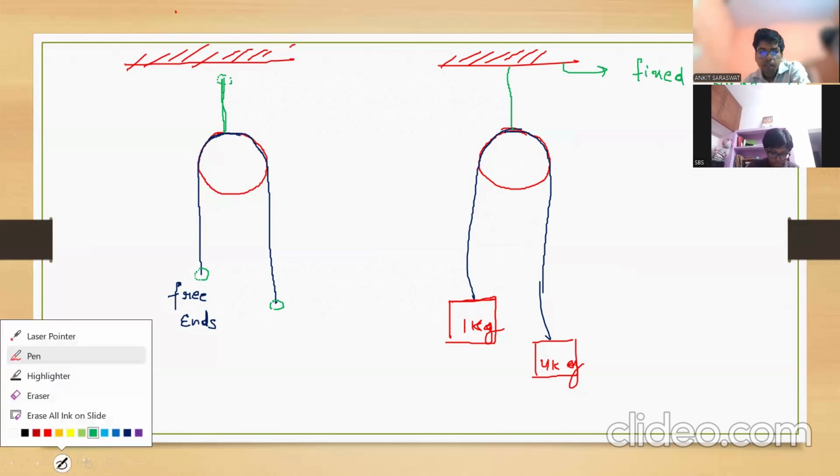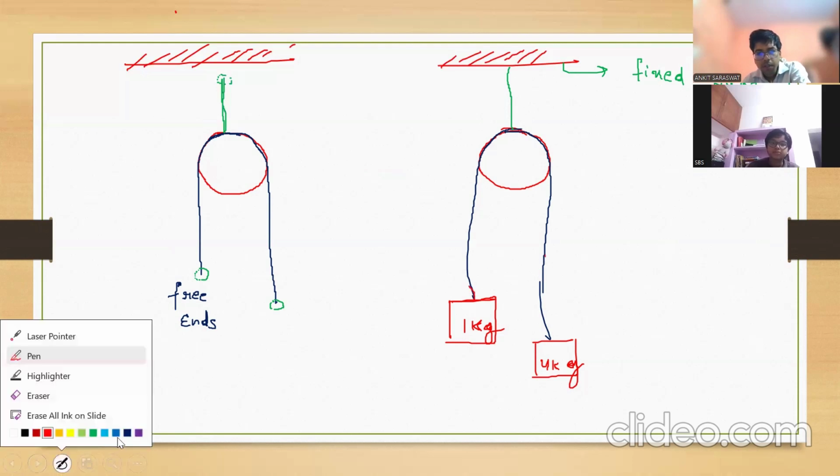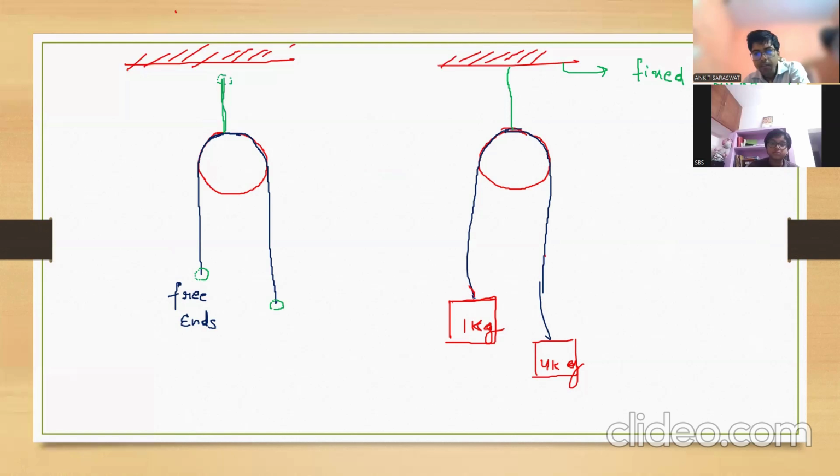Now, once you attach these two blocks with a string, how many strings are here? Two strings. One string is connecting these two blocks, the same string connecting the 1 kg and 4 kg block. It is not two strings.